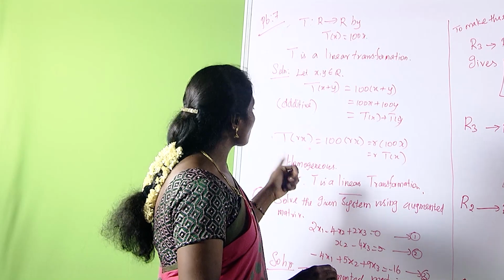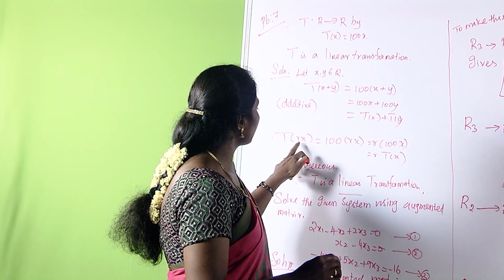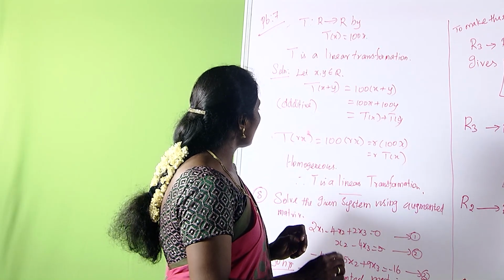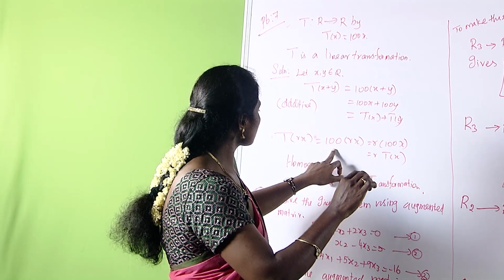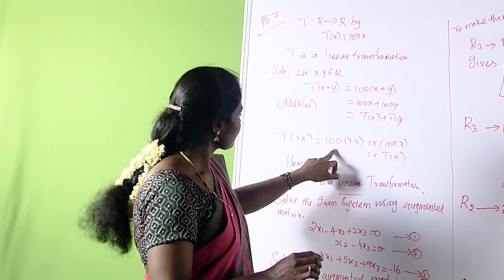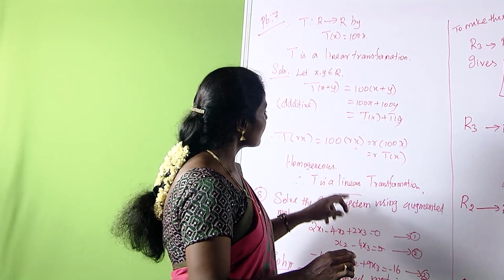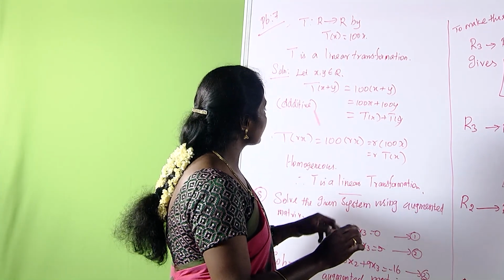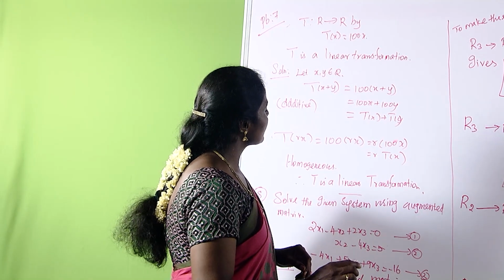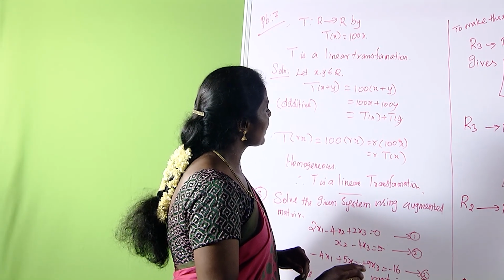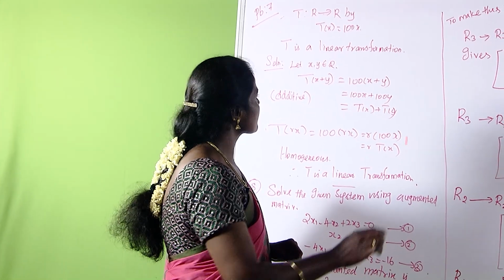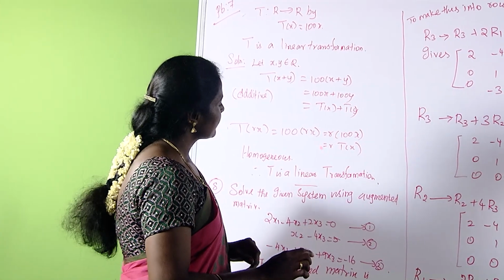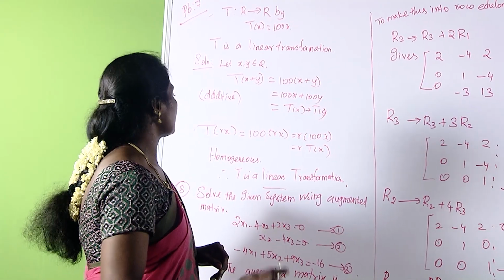The next one is homogeneous. I have a scalar r. T of rx equals 100 times rx, because instead of x we can apply rx here. r is a scalar, therefore we can take it outside: r times 100x. What is 100x? This is T of x. Therefore, r times T of x.